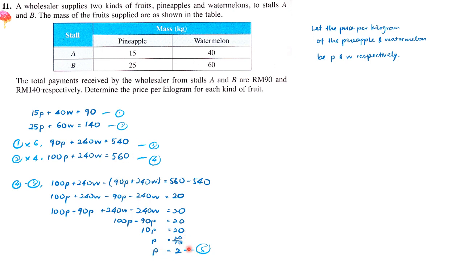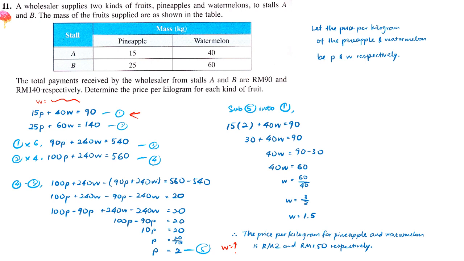Okay, and now I would like to find what W is. I don't have any equation where W equals something, but it's okay. I can substitute into any of equations 1, 2, 3, 4, and I find that maybe equation 1 will be the most convenient. Okay, the simplest. So substitute P equals 2 into equation 1.